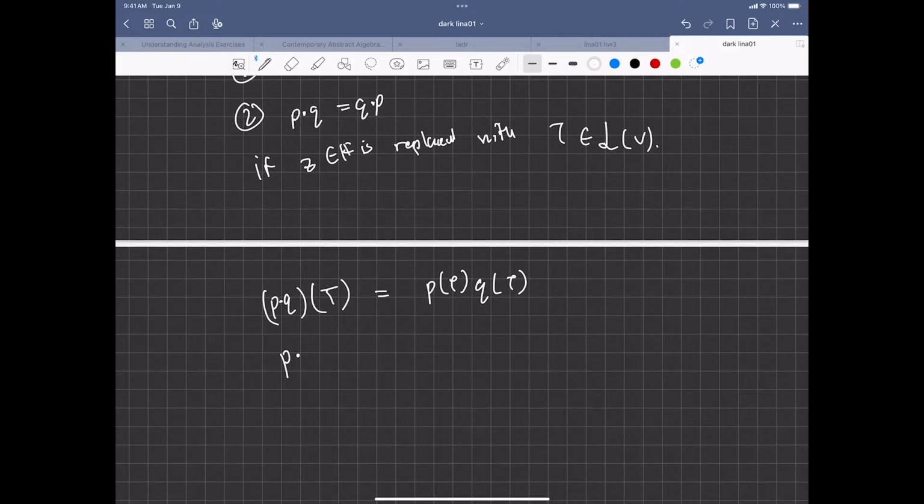And the second statement, P of T Q of T, is equal to Q of T P of T.